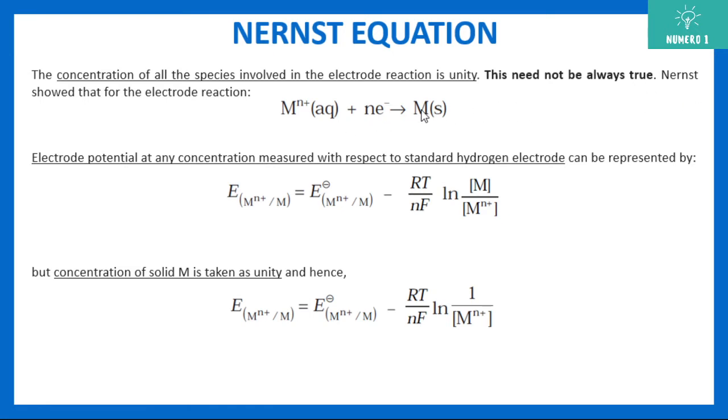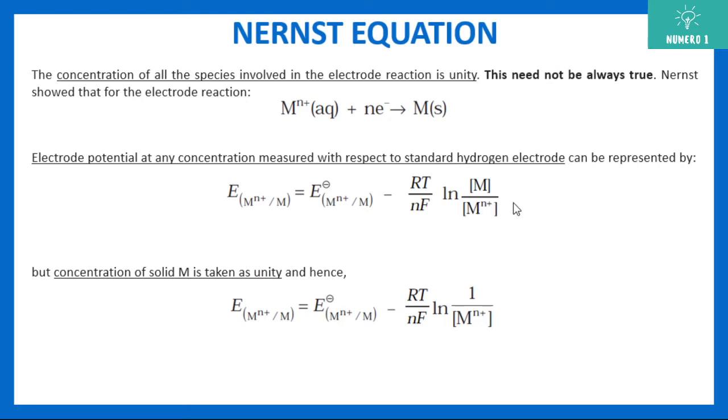Let's say a metal M with n plus charge obtains n number of electrons and gets converted into M solid. If you want to write the E of this reaction, the electrode potential is equal to the standard electrode potential minus RT upon nF ln of M upon Mn plus.